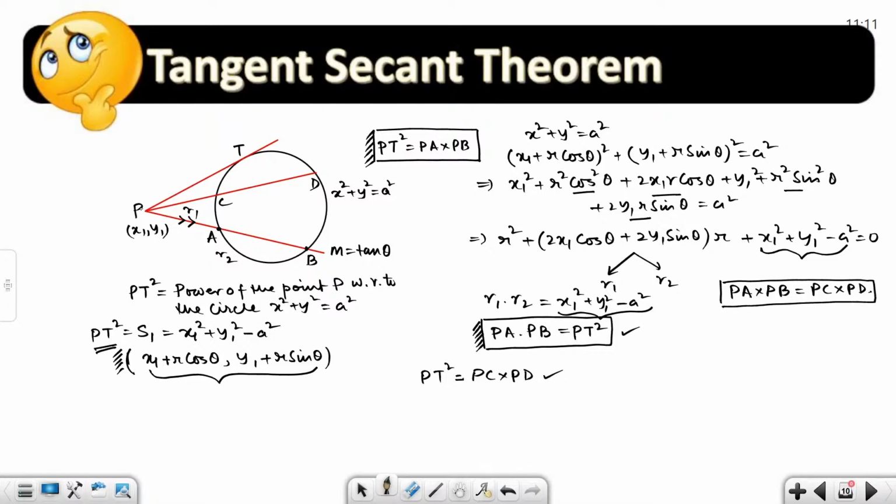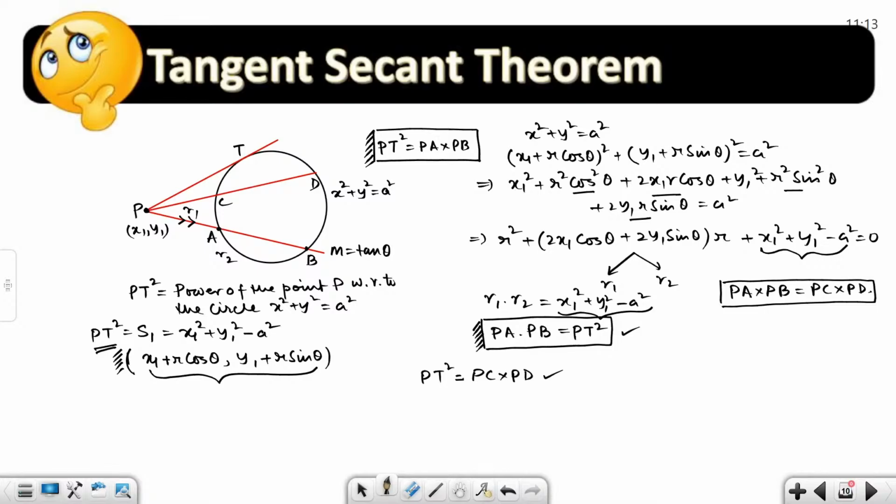That is, from a point which is outside the circle, if we draw two secants, then the relation between those secants will be PC into PD equals to PA into PB. This is always true. Can we remember this? Easy thing? Okay, what else?